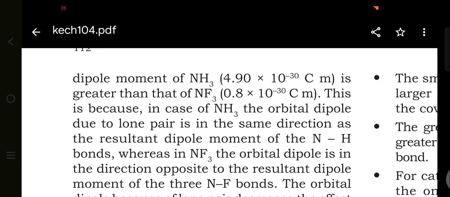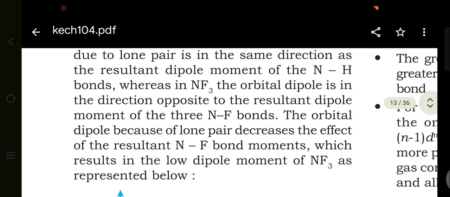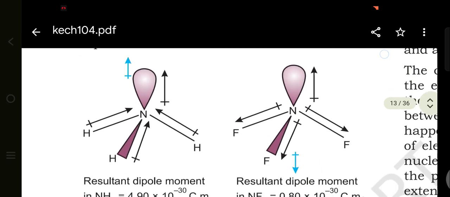This is because in case of NH3, the orbital dipole due to the lone pair is in the same direction as the resultant dipole moment of the N-H bonds, whereas in NF3, the orbital dipole is in the direction opposite to the resultant dipole moment of the three N-F bonds. The orbital dipole because of the lone pair decreases the effect of the resultant N-F bond moments, which results in the low dipole moment of NF3, as represented here.